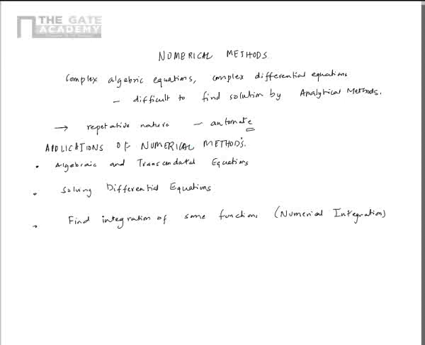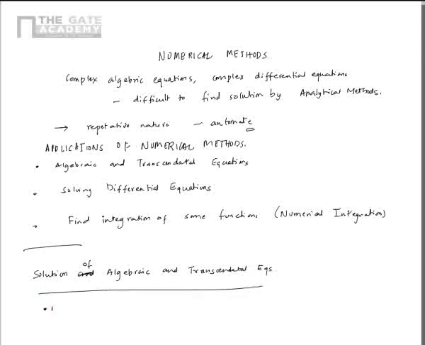So let's start with the solution of algebraic and transcendental equations. Here we'll see the solution of algebraic and trigonometric equations, which are called transcendental equations. How do we find solutions of these?